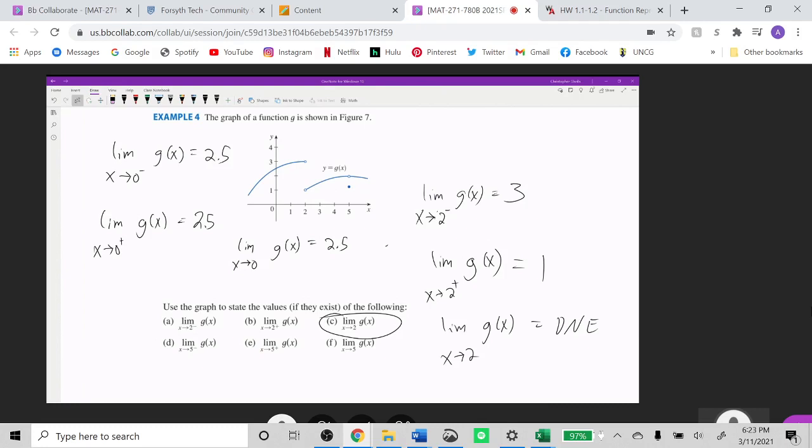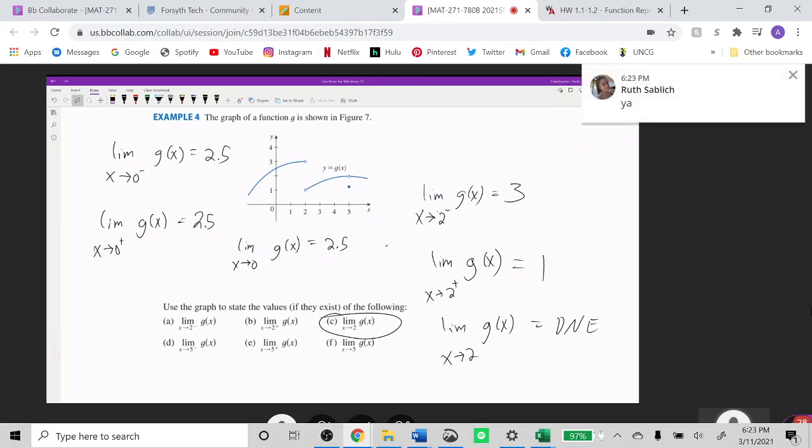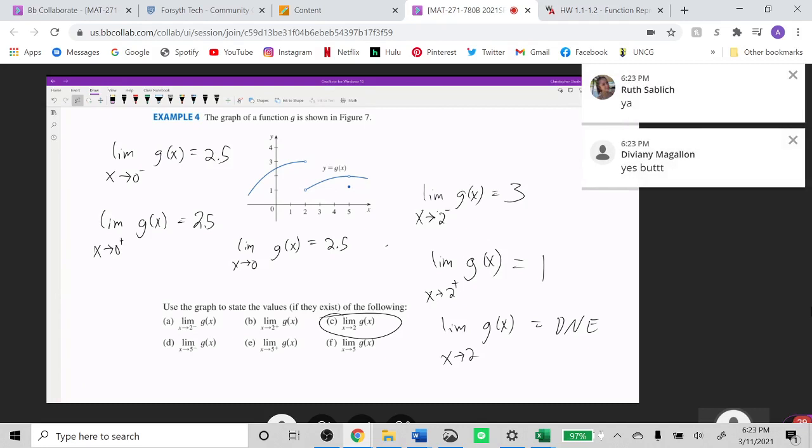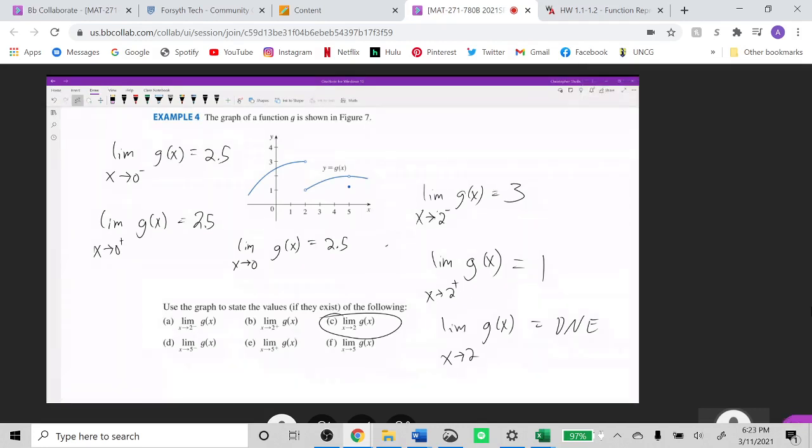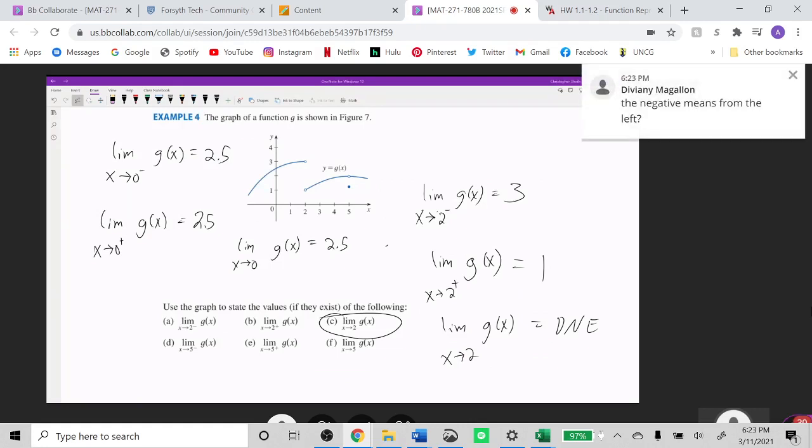Does this make sense so far? Yes, but what's the exception here? What doesn't make sense? Yes, from the left.